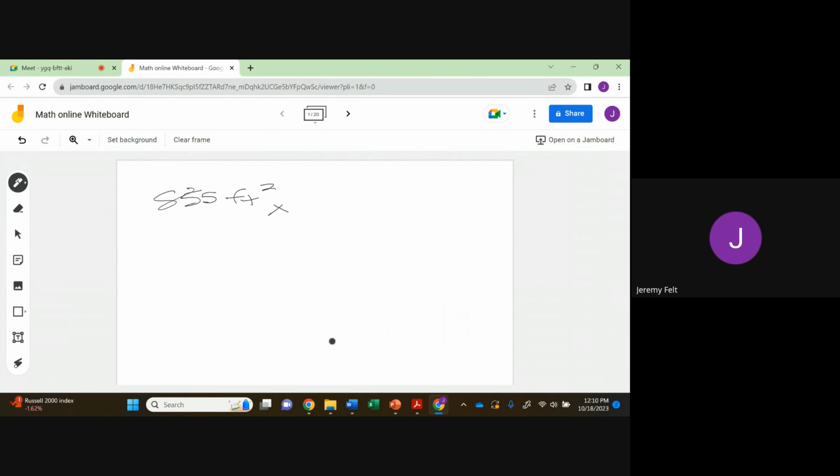So I'm multiplying, again, feet and feet. Feet squared is in the numerator right here, so I want it to be in the denominator. Okay, so feet. So 3 feet is equal to 1 yard.